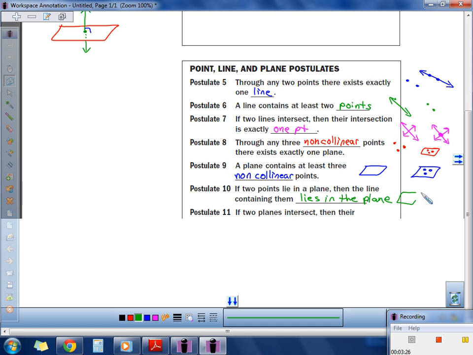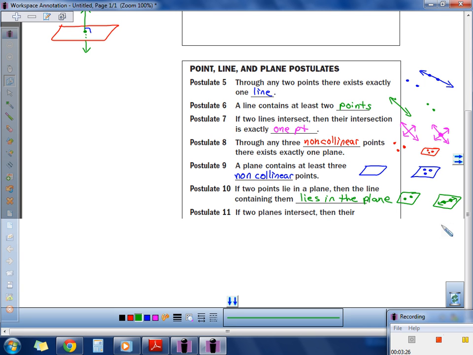So I'm just going to draw a plane with 2 points on it. Then the line containing them lies in the plane. Yeah, exactly what you said. So I draw another plane with those 2 points and a line going through them. That would be a good if-then set of pictures.